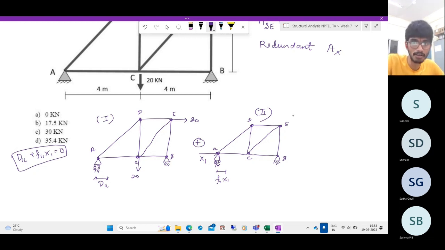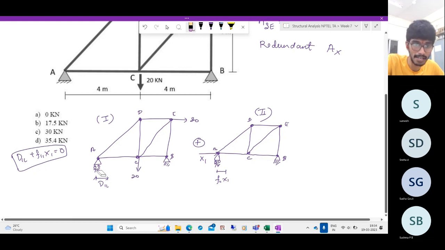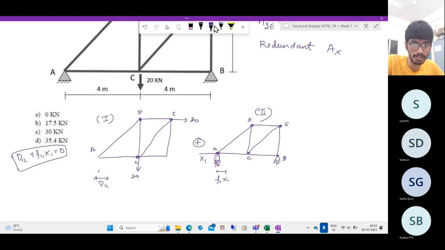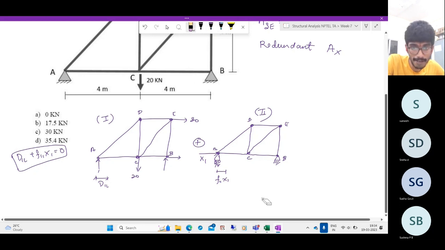As always, the first step is to determine the unknown reactions. We remove these supports and denote. There's only a vertical force here. There's an unknown horizontal and vertical force here. Same thing goes here.